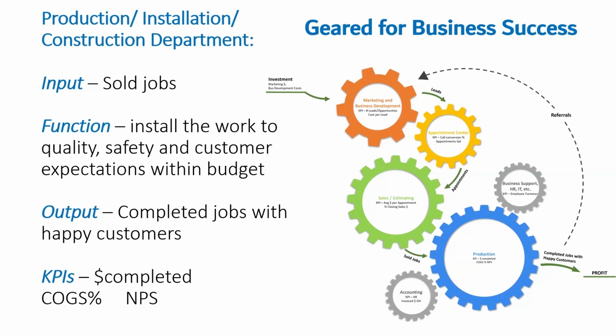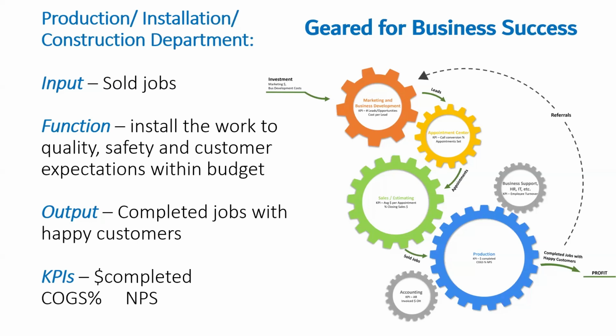That's their entire function, is to get the work installed correctly, safely, with a happy customer and within budget. That's their job. So therefore, their output after they've done all that really well is completed jobs with happy customers. So how do we measure them?